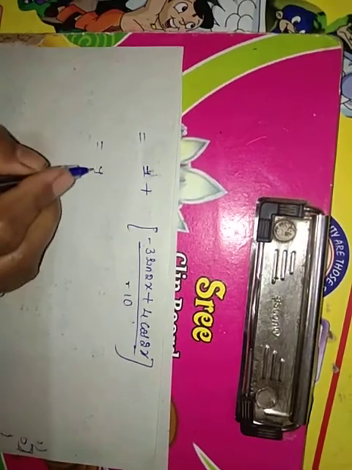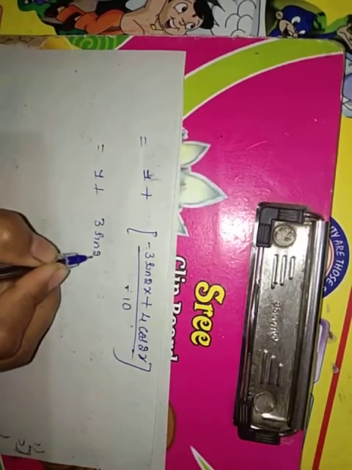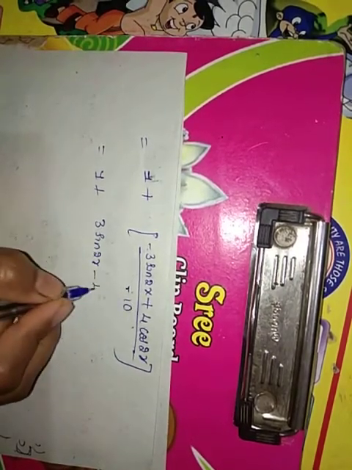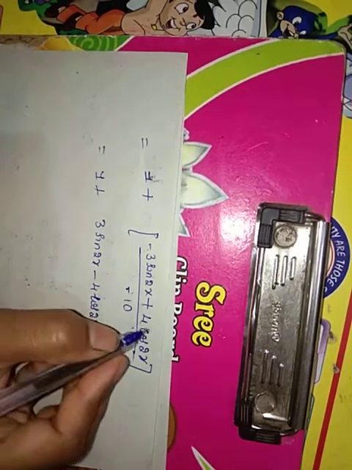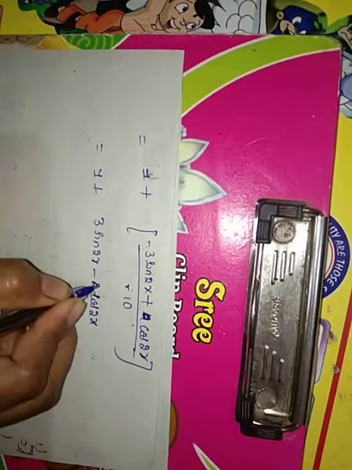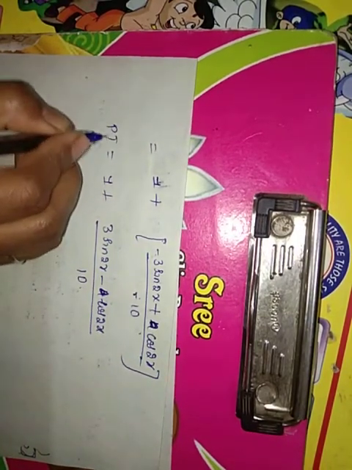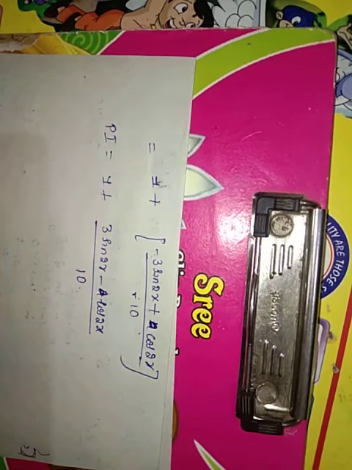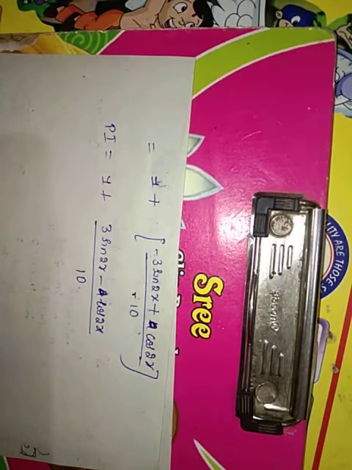That becomes 1 plus minus minus becomes plus 3 sin 2x, plus minus becomes minus 4 cos 2x, plus cos 2x becomes a minus cos 2x divided by 10. So that is our particular integral. So particular integral is equal to 1 plus 3 sin 2x minus cos 2x divided by 10.